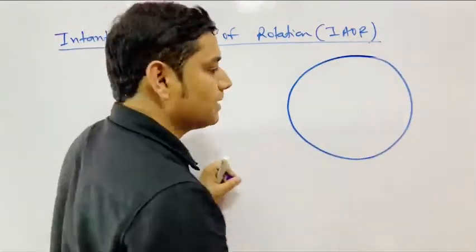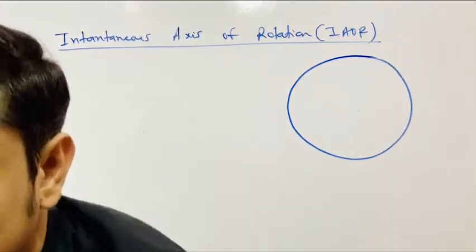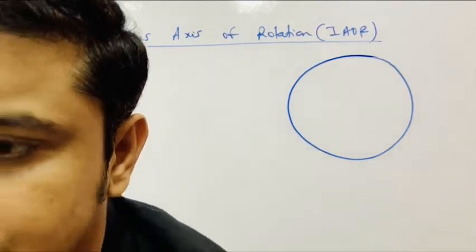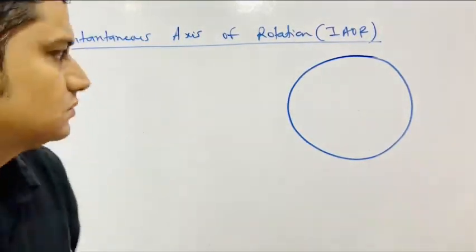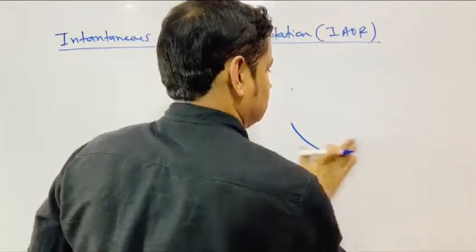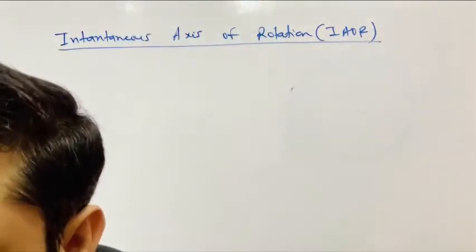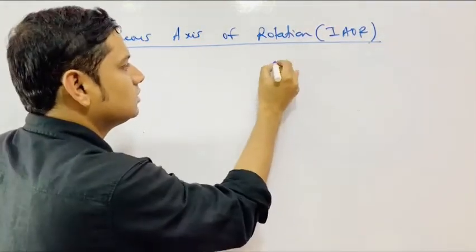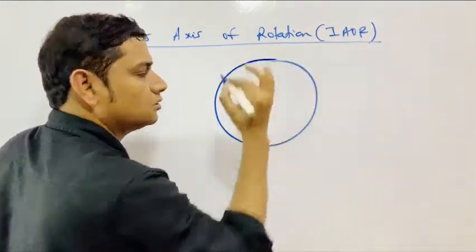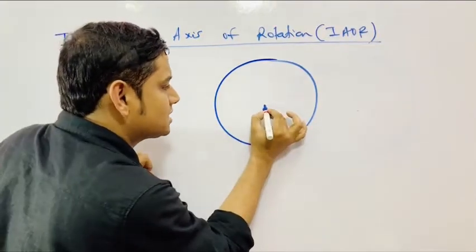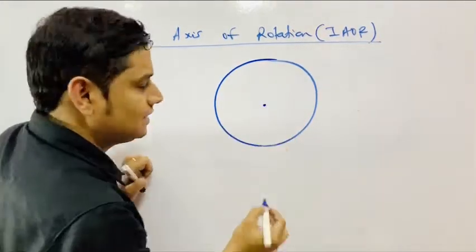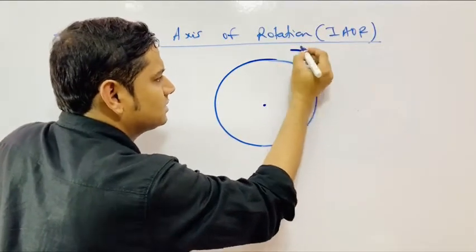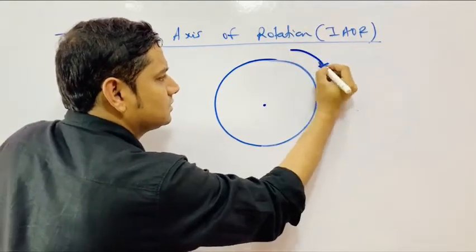This is a disk, and suppose this disk is rotating about its axis, this axis like this. So this disk is rotating about this axis like this.